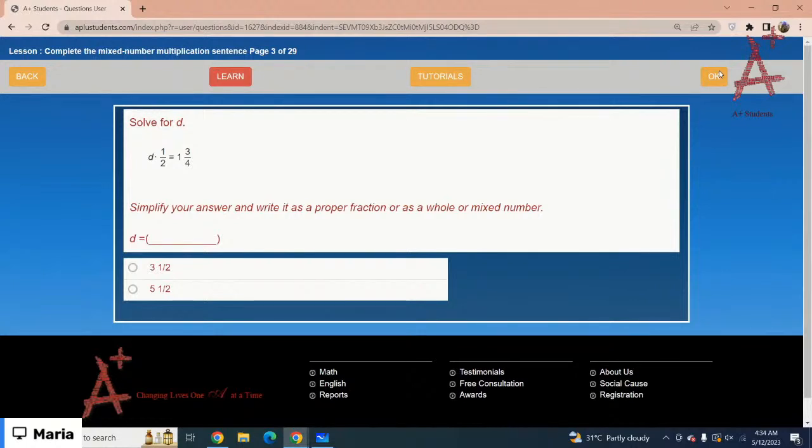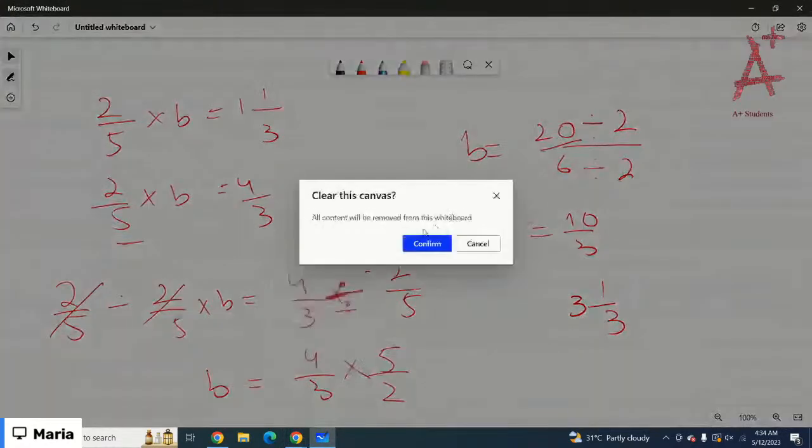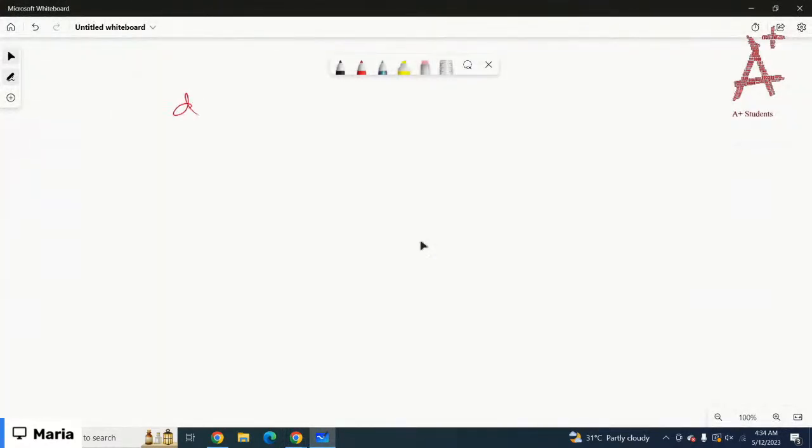D times 1 by 2 equals 1 whole 3 by 4. Okay, it would be d times 1 over 2. 4 times 1 is 4 and 3, 7 over 4.